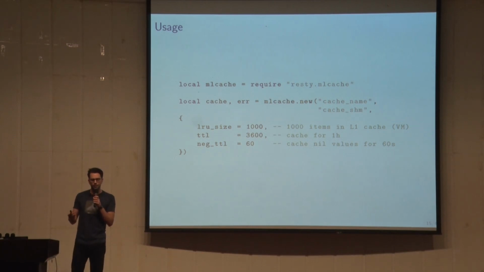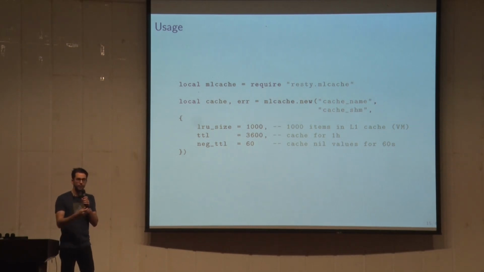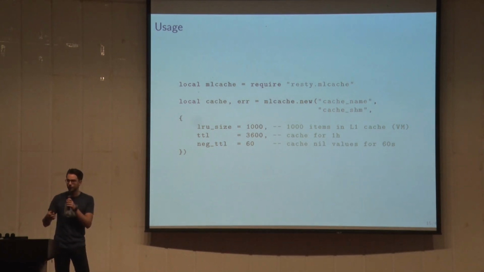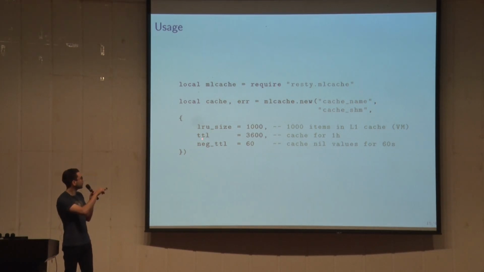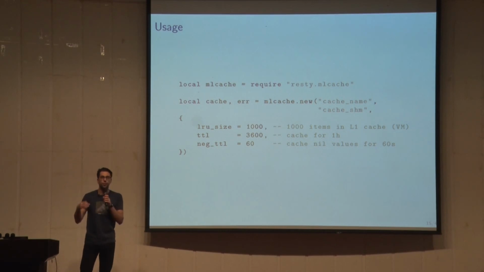So it's a very neat feature to say, I want to cache that something is not there, and for a shorter period of time. Or I want to cache that something is there for a longer period of time, like a record or a database row.